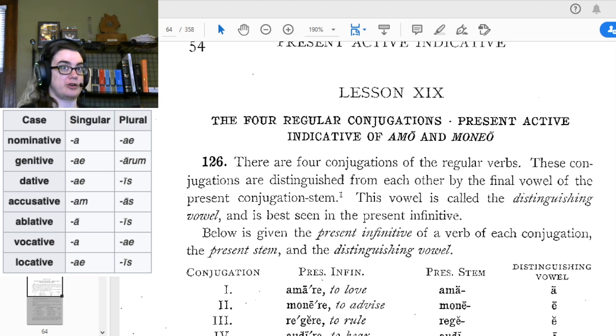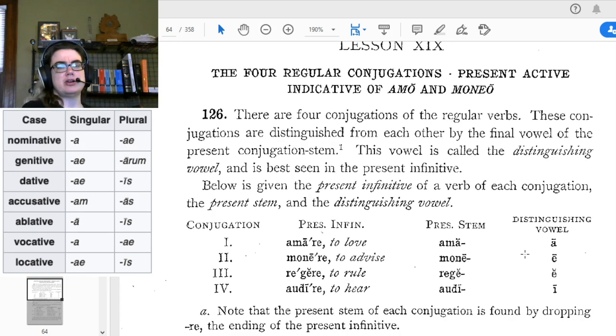With regular verbs, there's four families. Remember, with nouns, we've learned two families so far, the first declension and the second declension. With verbs, there's a total of four conjugations, and with nouns, there's actually going to be a total of five declensions. We'll deal with most of those later.